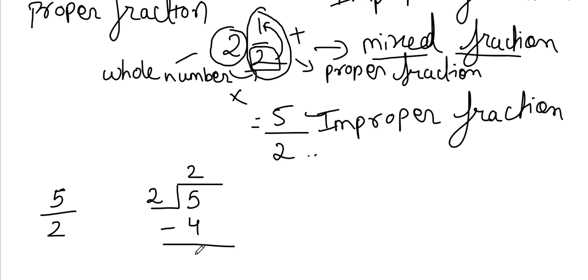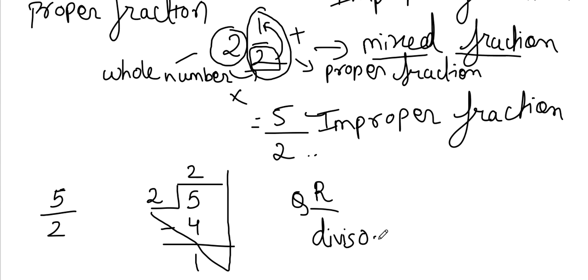So 5 minus 4 is 1. Now we will draw a V shape. What does this V shape mean? We start from quotient, then remainder and divisor. So what is the quotient here? 2. Remainder is 1. And divisor is 2.